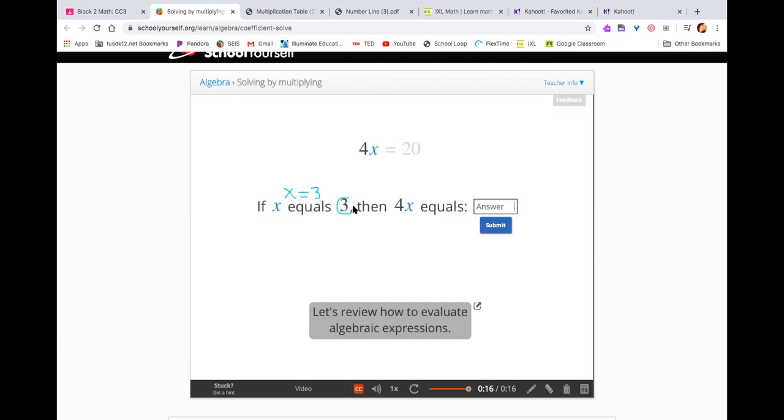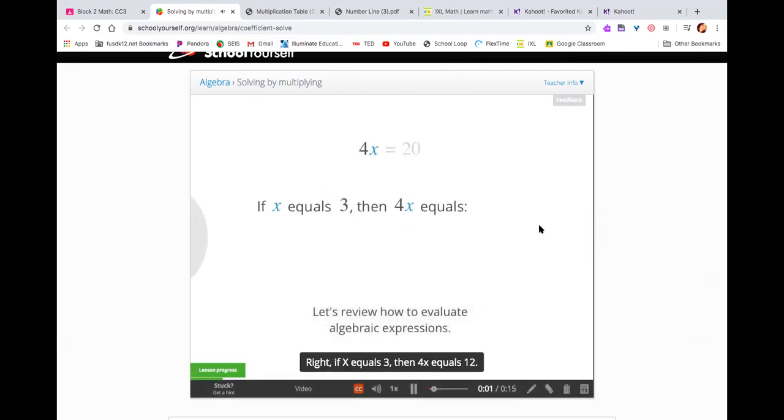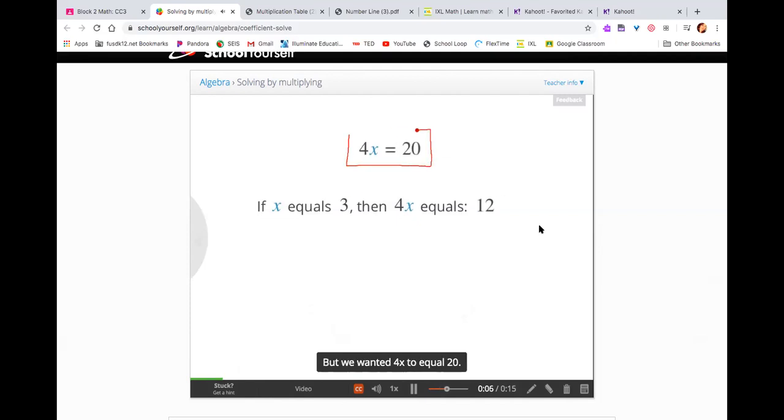So we take this and we substitute it, like we were just doing on our Kahoot. 12. Right, if x equals 3, then 4x equals 12. But we wanted 4x to equal 20, so 3 is not the right answer. What is the right answer?